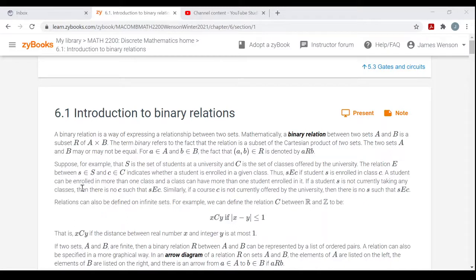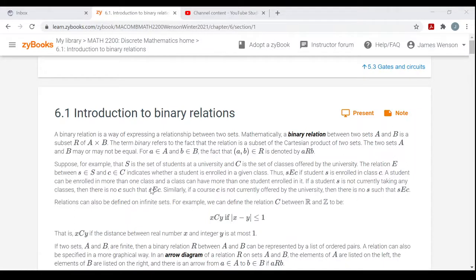So a student can be enrolled in more than one class, and a class can have more than one student enrolled in it. If a student s is not currently taking any classes, then there is no c such that sEc. That means the student's not enrolled in any classes. Similarly, if a course c is not currently offered by the university, then there is no s such that sEc.